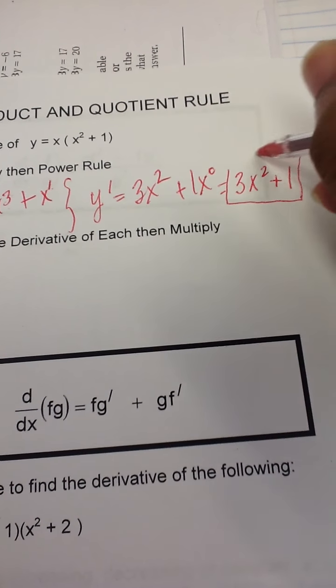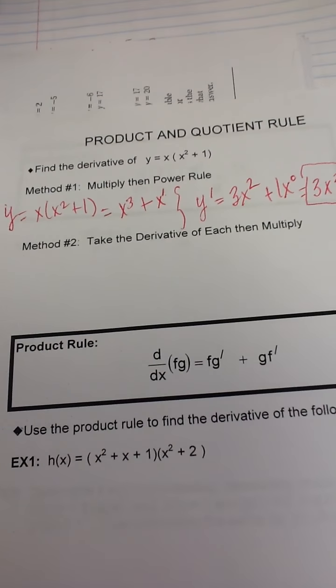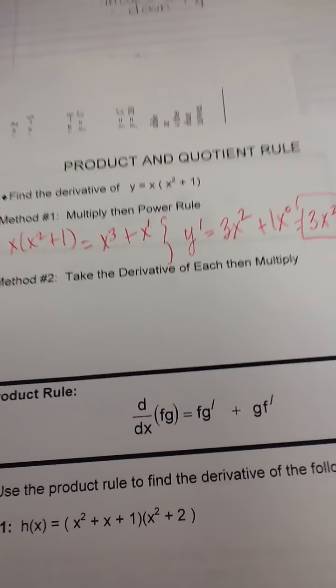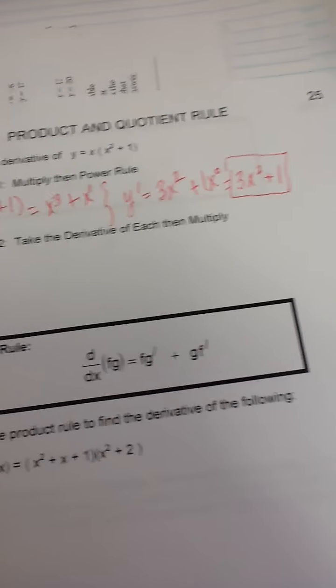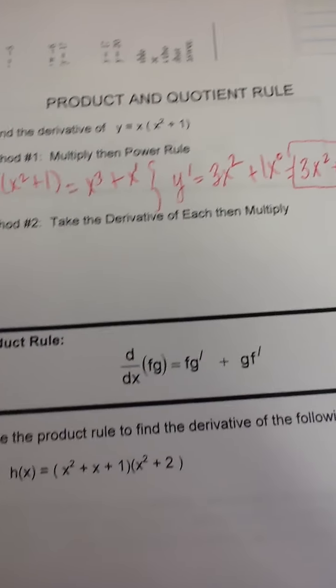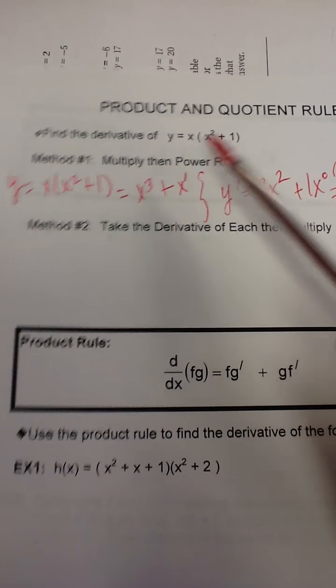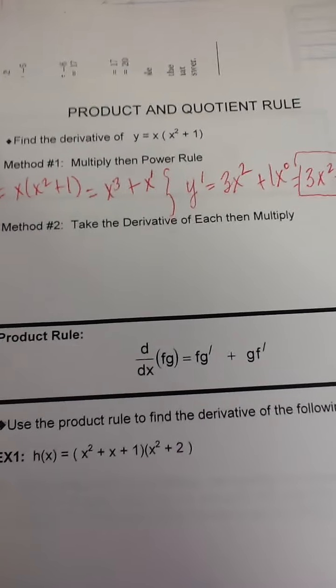So now they said, well, if I use method 2, which says I'm going to take the derivative of each, then multiply. Okay, so if I take the derivative of each, it's saying, well, I'm going to take the derivative of the x, then I'm going to take the derivative of the x squared plus 1.